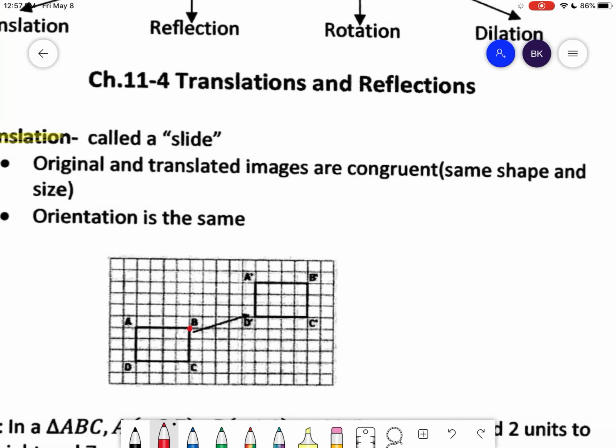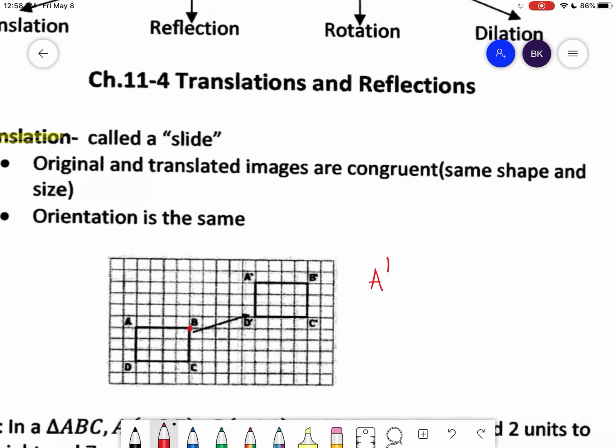You're probably noticing that the translated rectangle has a letter and then a little apostrophe next to it. We call it a prime in math. So the way we read it is A prime. That means that shape was translated.